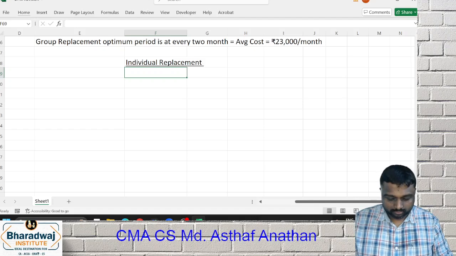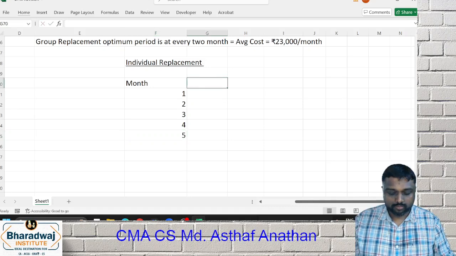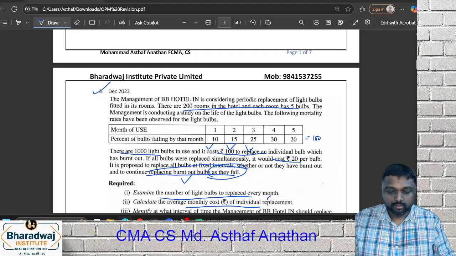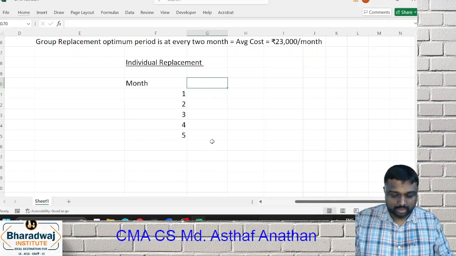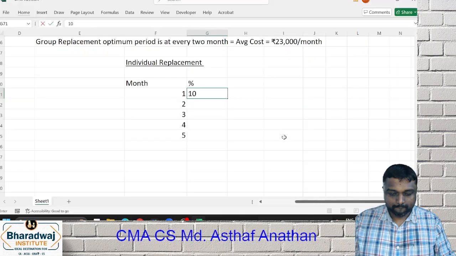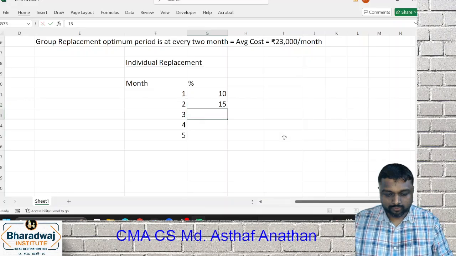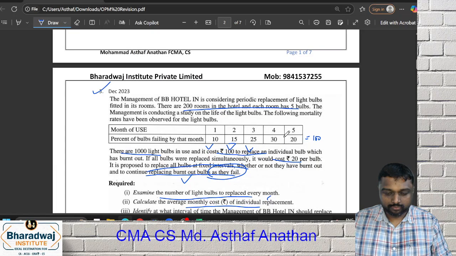Month 1, 2, 3, 4, 5. They have given this percentage. So already percentage is given. What is the percentage? 10, 15, 25, 30, 20.